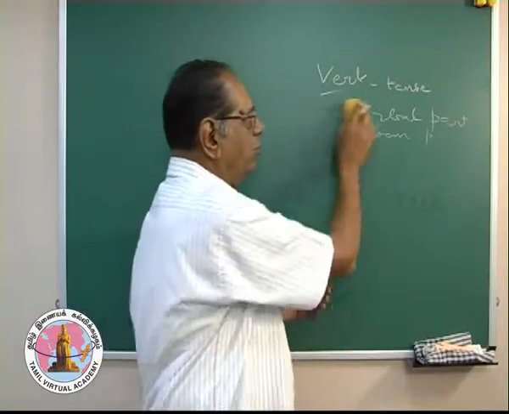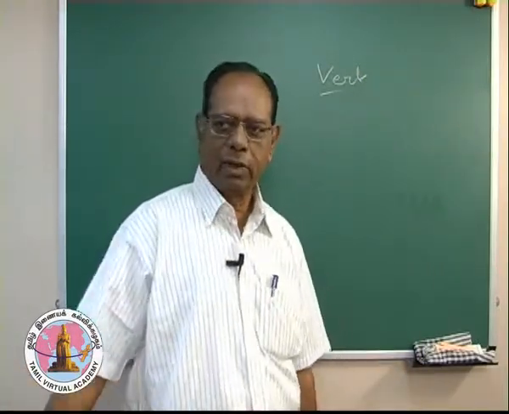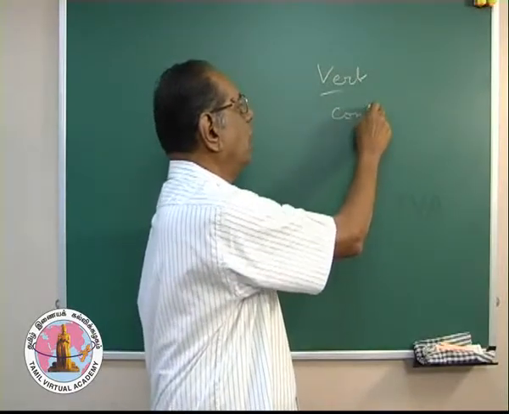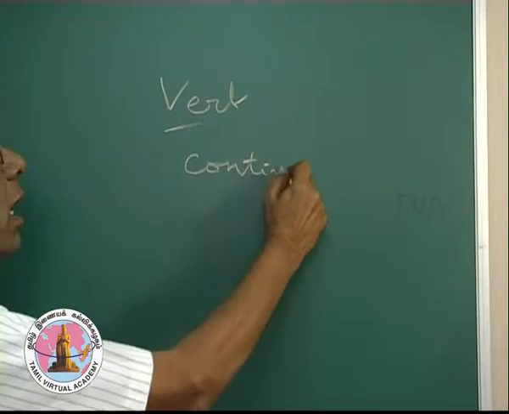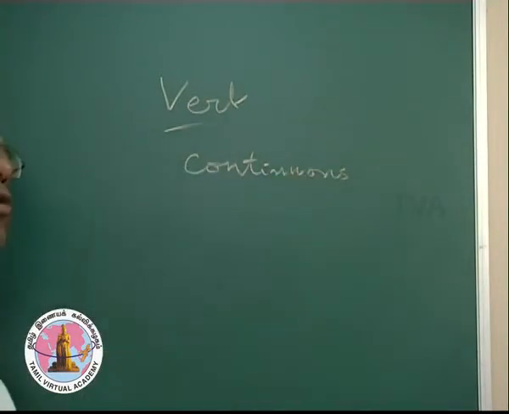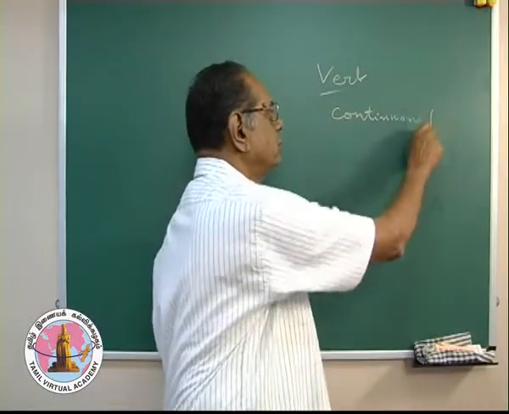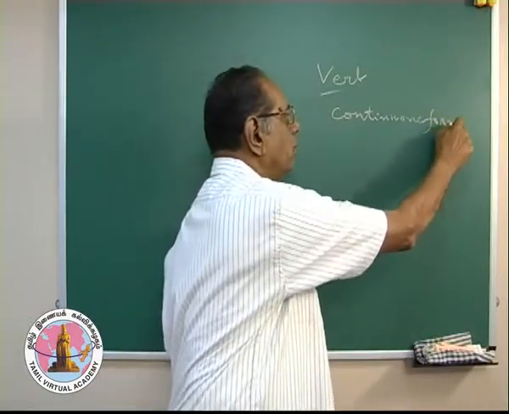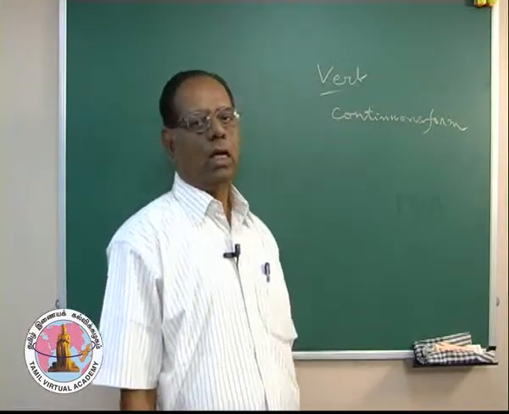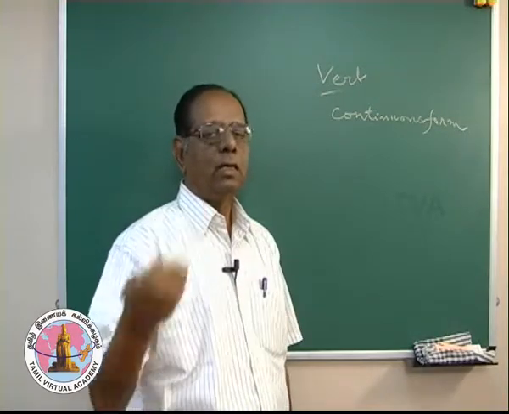We shall take up a new topic today, that is we will be discussing the continuous form of a verb. We shall take up a few sentences in English and then go to Tamil.